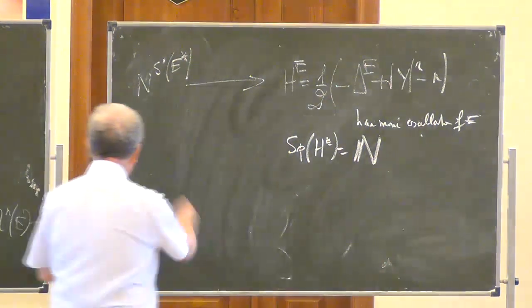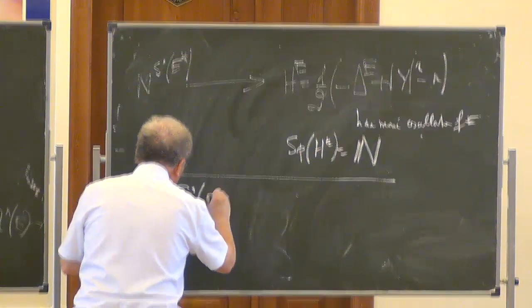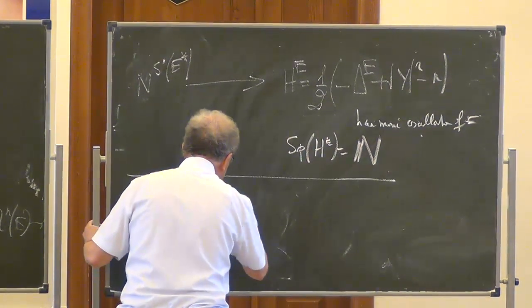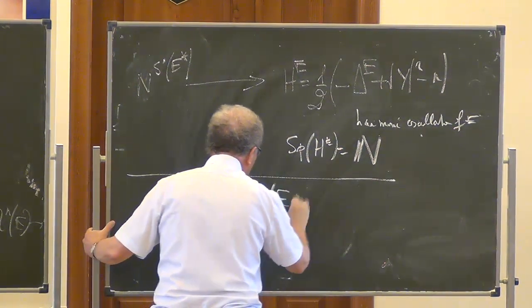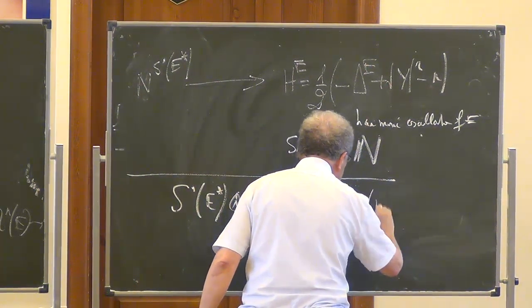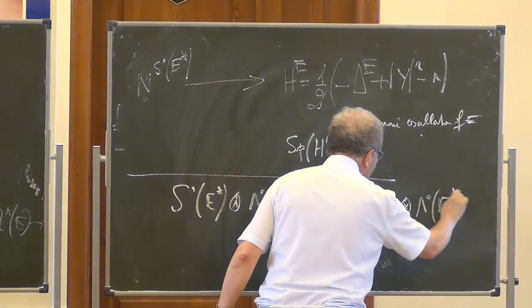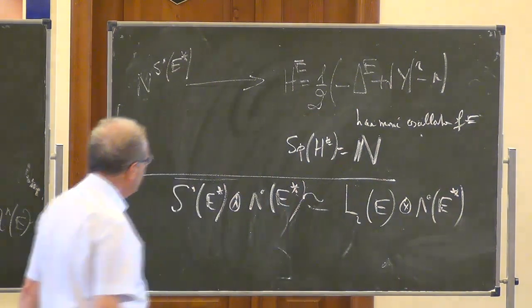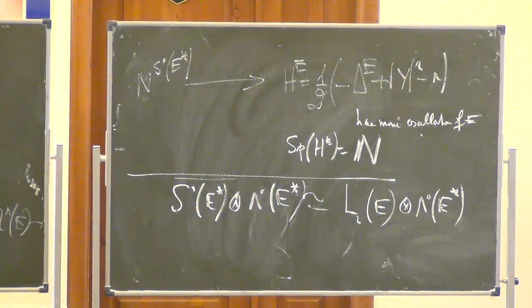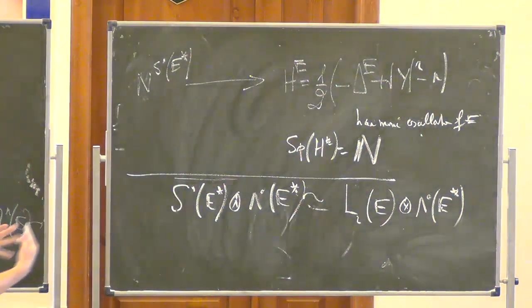Okay, so let's try to see now, when we identify S of E star tensor lambda of E star, we are going to identify it with L2 of E tensored with lambda of E star, and we complete here. I'm just taking the L2 space for convenience, because I don't have time to say more, but we're passing to the view where we have the algebraic de Rham complex.